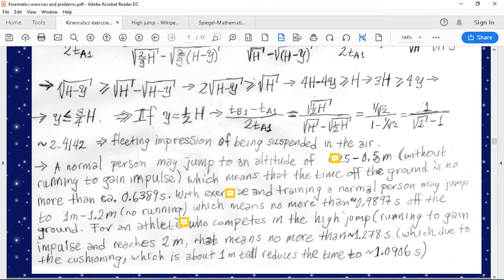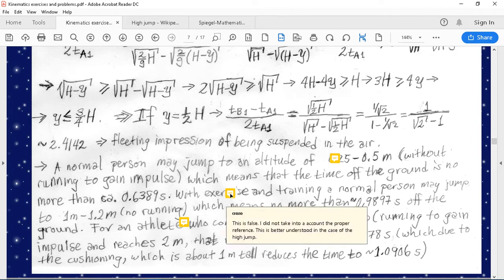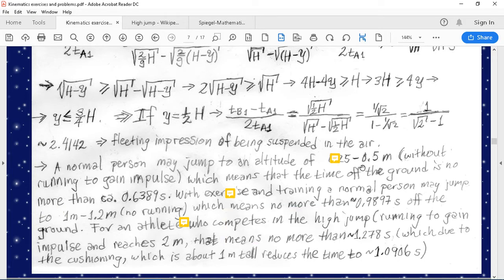In the case of a high performance athlete, the jumping height could reach 0.5 meters or maybe more.